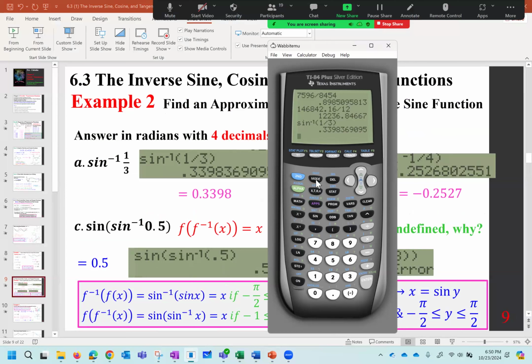You go to your calculator, you check the mode, so it's in radian mode. So for example, you can say second sine, that's the sine inverse of, let's say, 1/3. And you get 0.3398, the number that we had here.